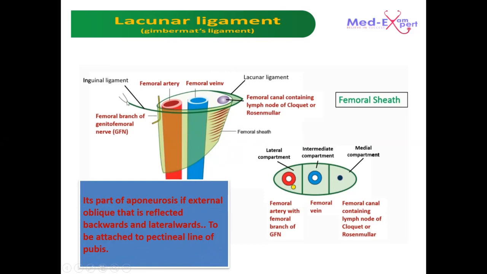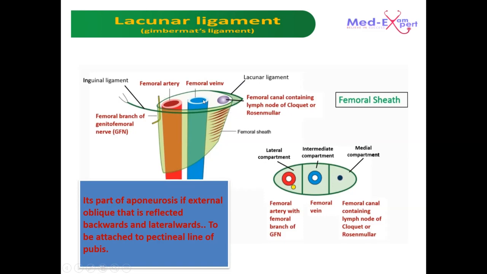But before that, we need to know the boundaries. Notice that the inguinal ligament extends from the anterior superior iliac spine down to the pubic tubercle, then goes back posteriorly and laterally to be inserted in the pectineal line. This arcuate shape is called the lacunar ligament, and it's part of the inguinal ligament. It forms the medial boundary of the femoral ring.